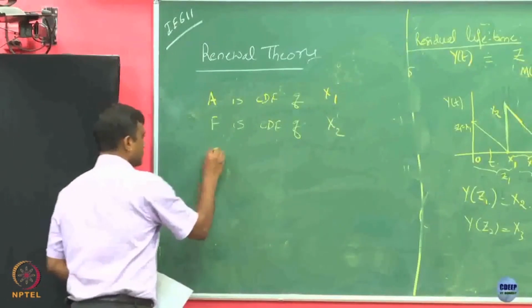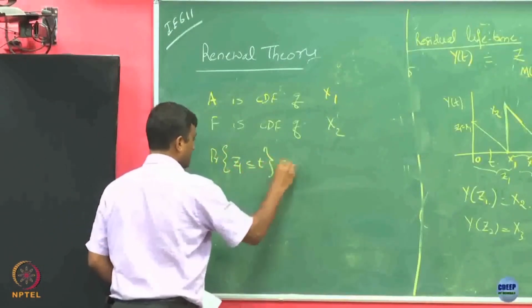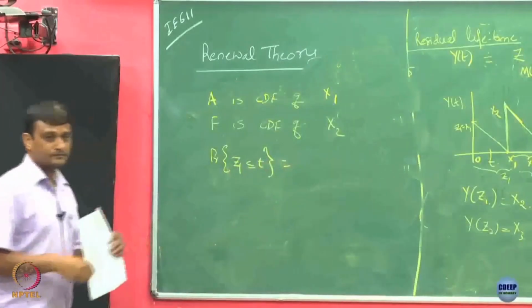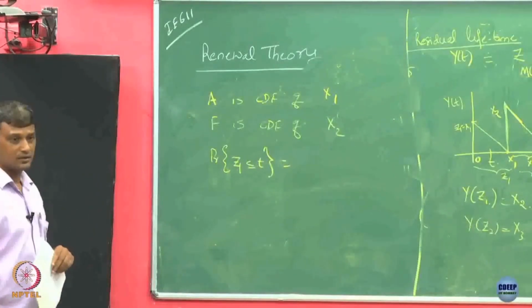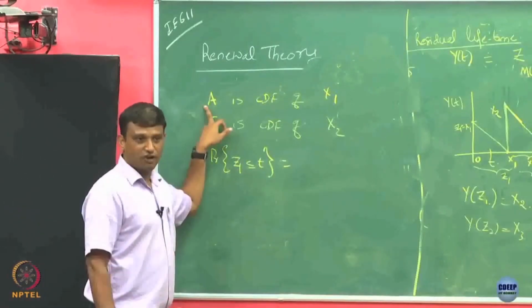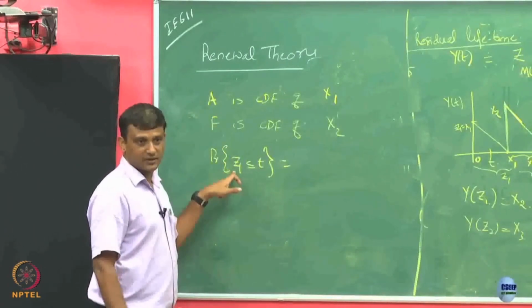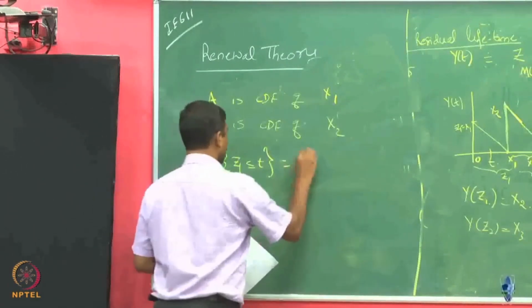Now if I want to capture the probability that Z1 is less than or equal to t, what is this going to be? This is nothing but the CDF of X1, because Z1 is the same as X1. So this is simply A of t.